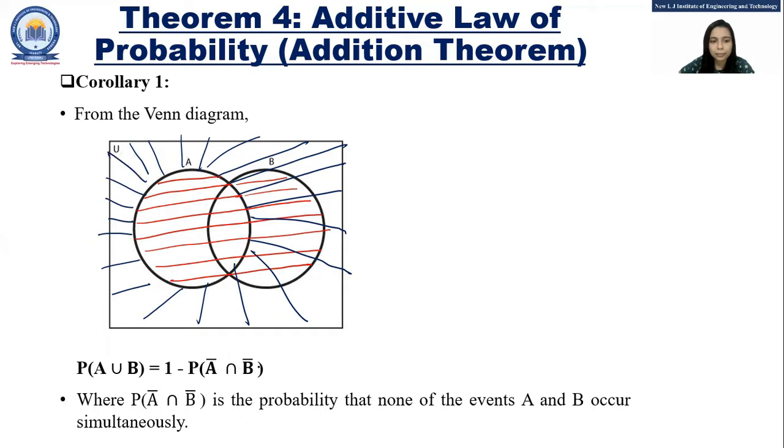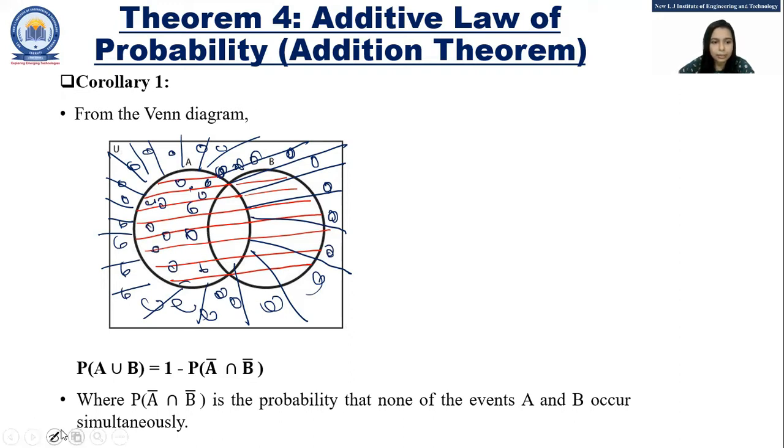And B bar, that is the part I'm shading with dots. So this is nothing but B bar. Now we have to take the intersection.